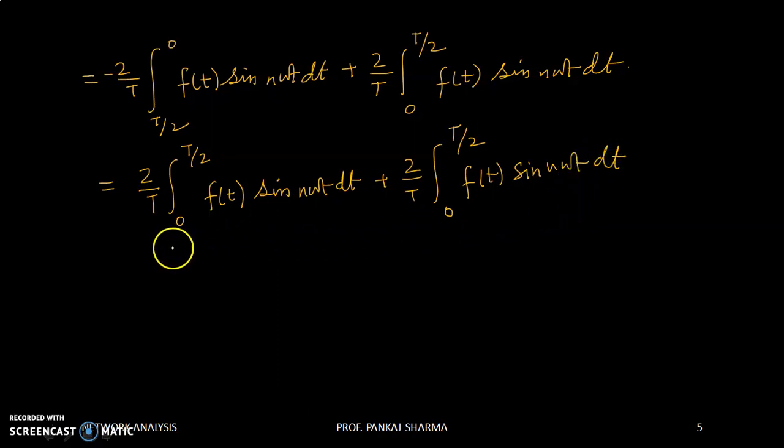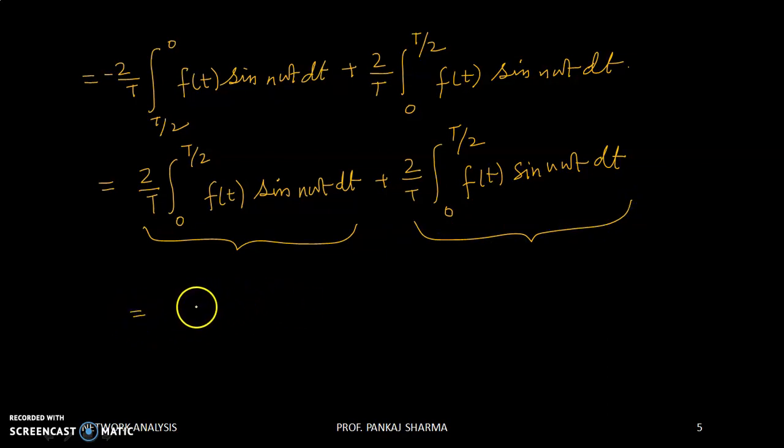This whole one is similar to this one, so it is coming twice of this. So it will be 4 by T integral from 0 to T by 2 of the function f of t sin n omega t.